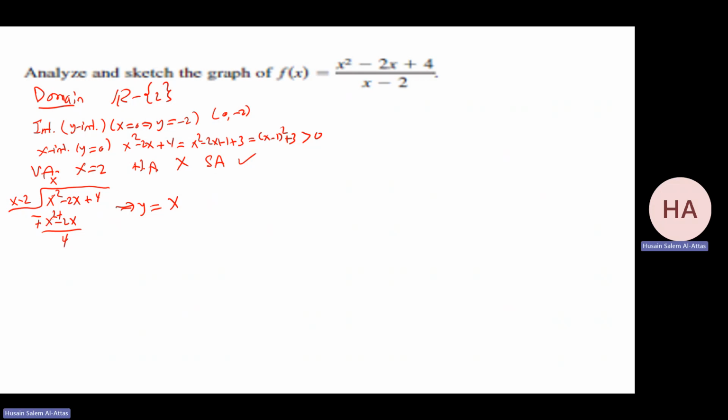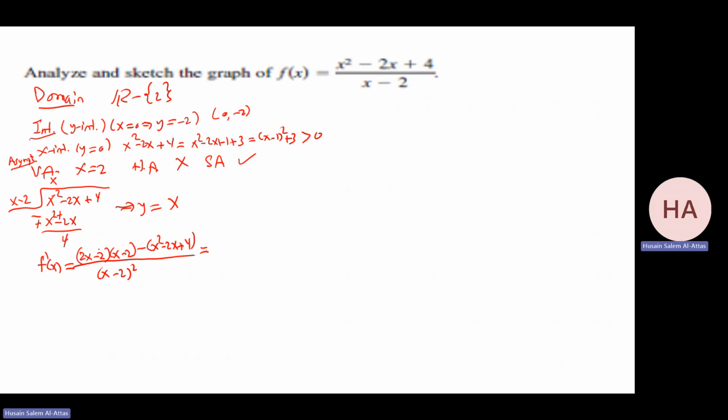What else? Symmetry, asymptote, intercept, domain. We did everything now. Now we'll do f prime. I don't have it ready, so I will do it now. It is (2x minus 2) times (x minus 2) minus (x squared minus 2x plus 4), all over (x minus 2) squared.